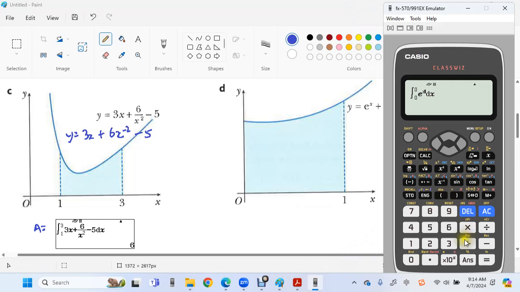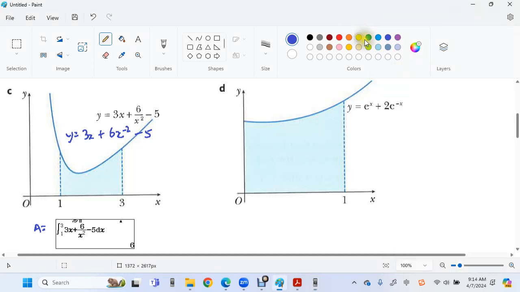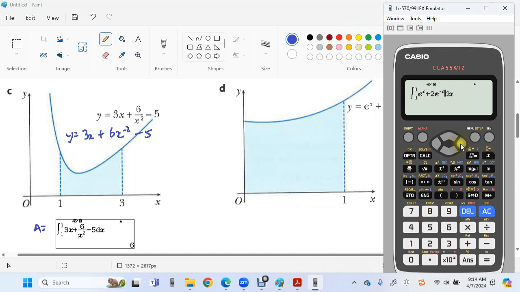For this one, it is the integration of e to the power x plus 2e to the power negative x from 0 until 1.